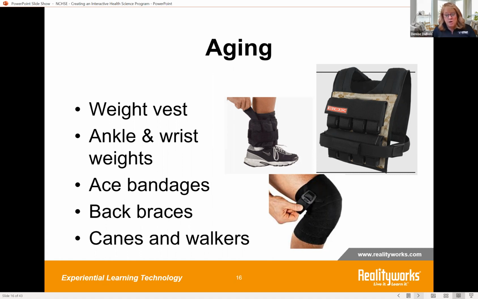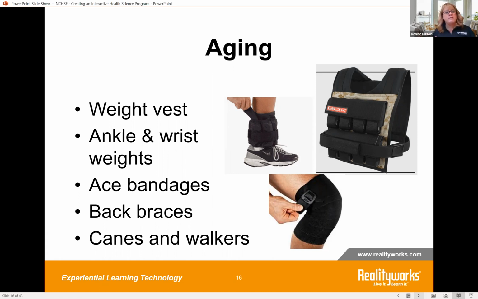These things, if you put them all together, can simulate things like mobility challenges, fatigue, loss of strength, restricted range of motion, and even osteoporosis can be simulated with stooped posture by wearing a weight training vest. Many times that will pull the chest forward, and you tend to start walking with almost a hump, or certainly not straight posture. And those ankle weights, if you put them on, sometimes can help simulate a shuffled gait, as seen with some elderly people.